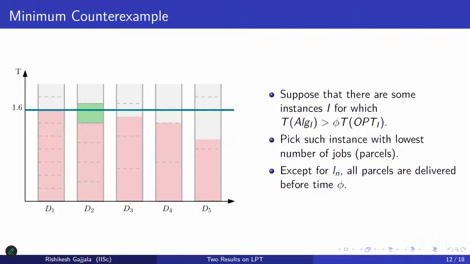Because this is the smallest instance, the minimal counterexample, consider the sequence of doing these jobs, with the last job Ln. You know that all the jobs should have been done before 5. Why? Had it been more than 5, you would have a smaller counterexample, and that contradicts the minimality.